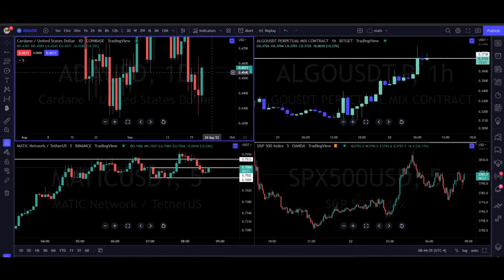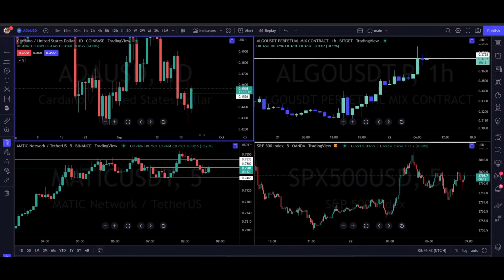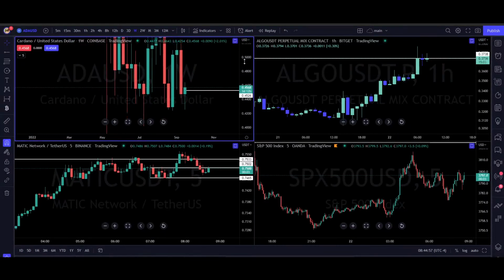You're above daily resistance, so there's no short on it. And you're pushing up to yesterday's high. You are trading inside of yesterday's range, but still you need to get under 0.4526 in order to potentially be short.